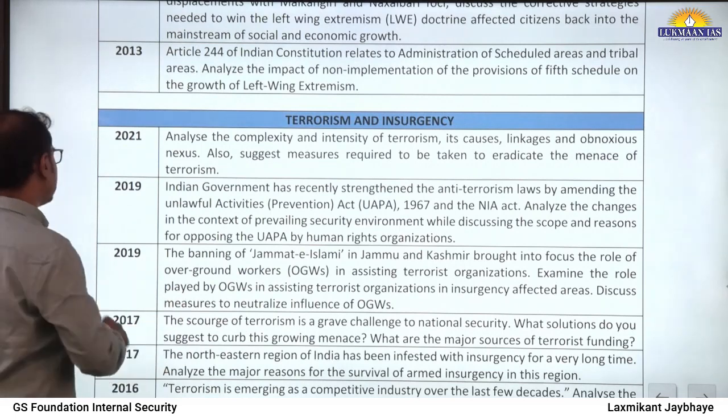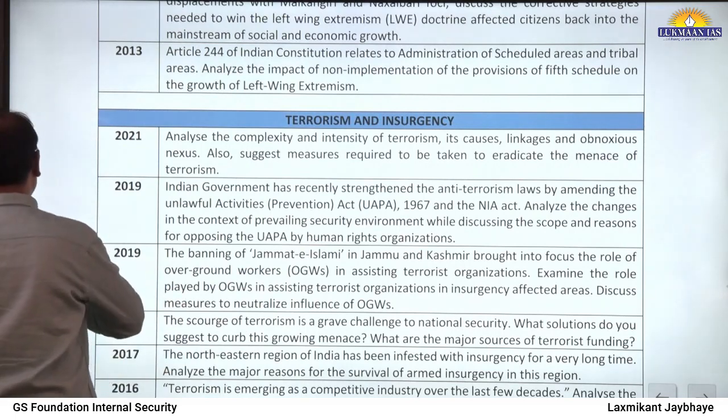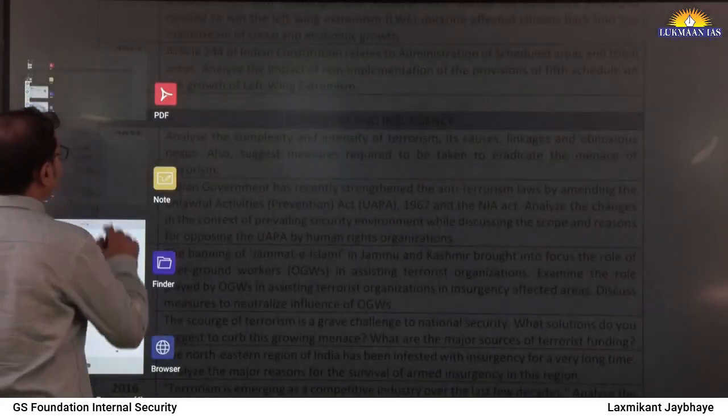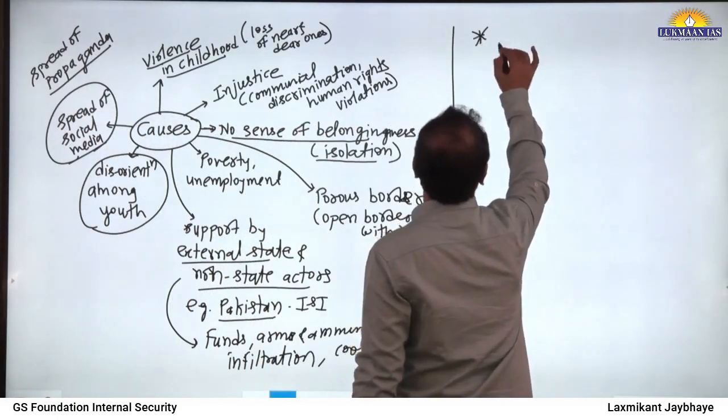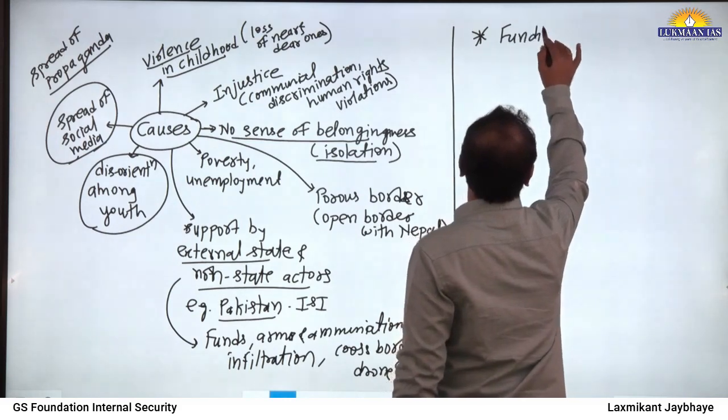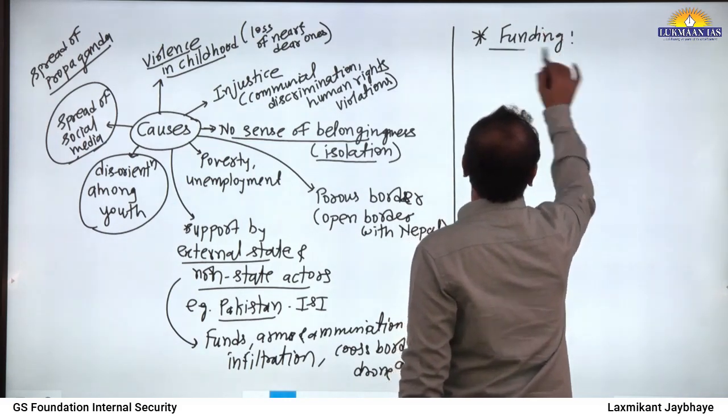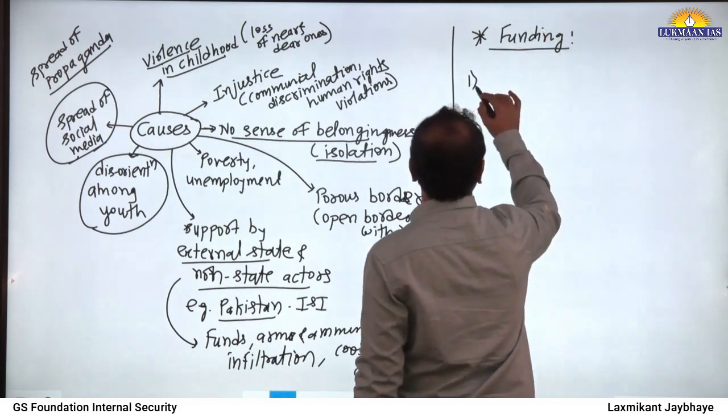So how does this nexus work here? Funding activities: you should be aware of the funding activities now. Which are the sources of funding?